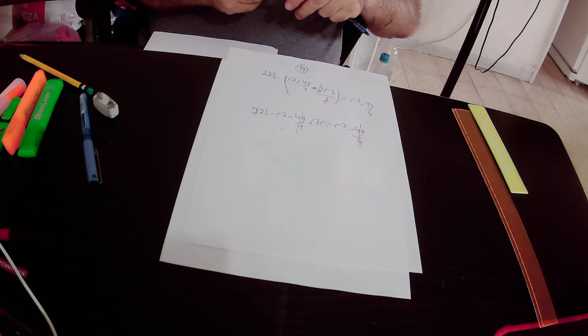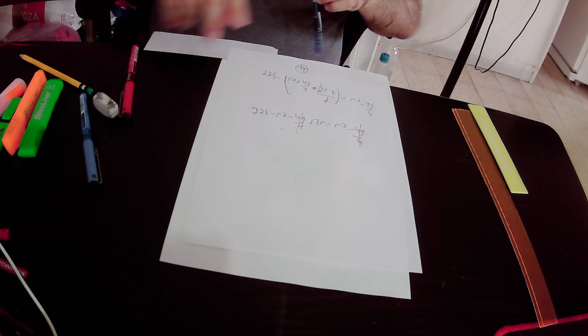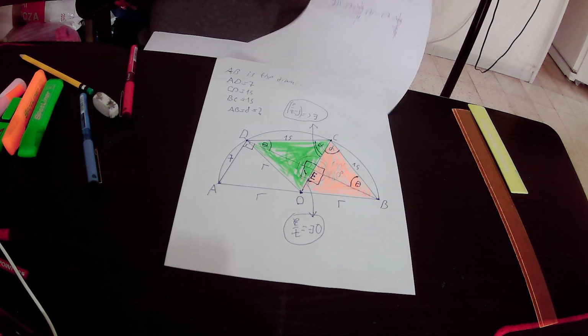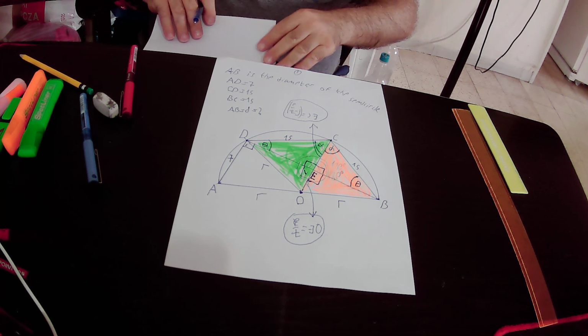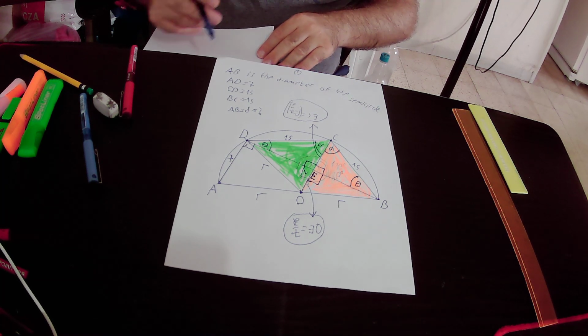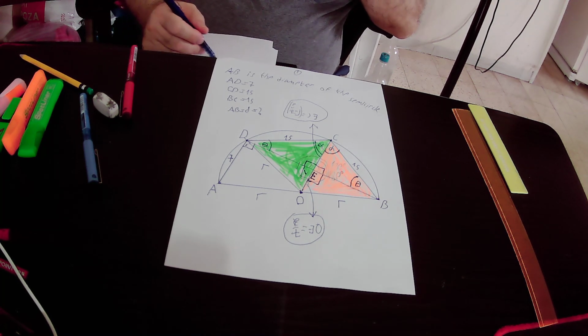In the next step we will add R square to this equality and we will get that 2R square equals 7R plus 225.